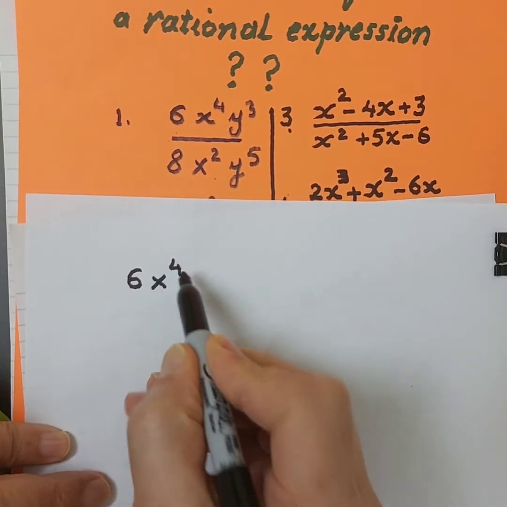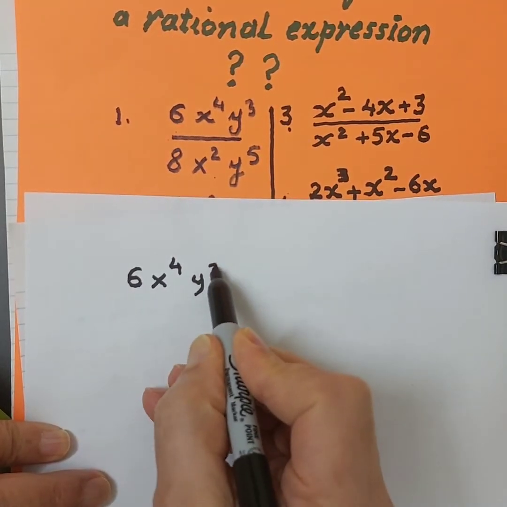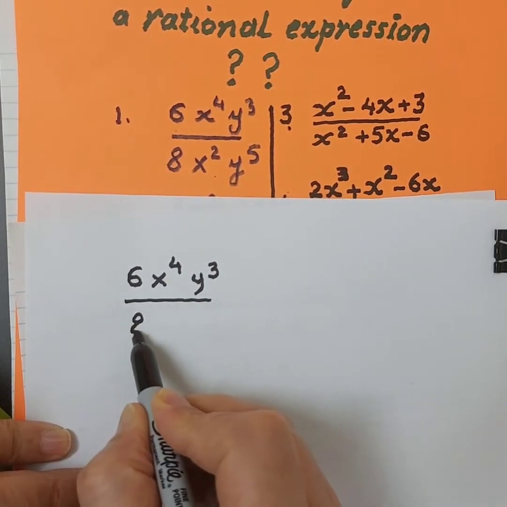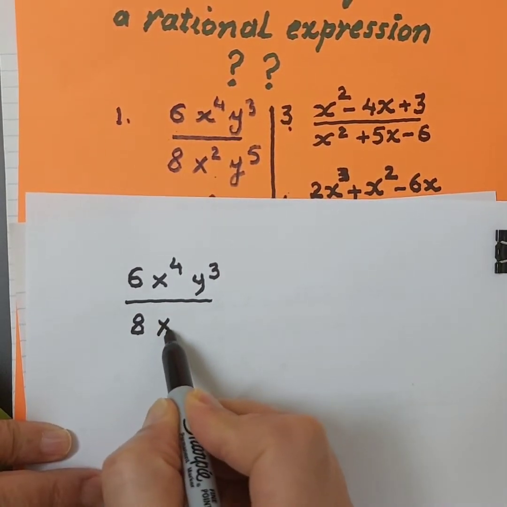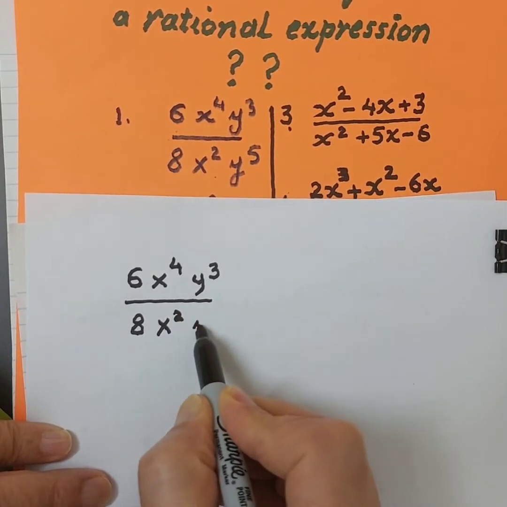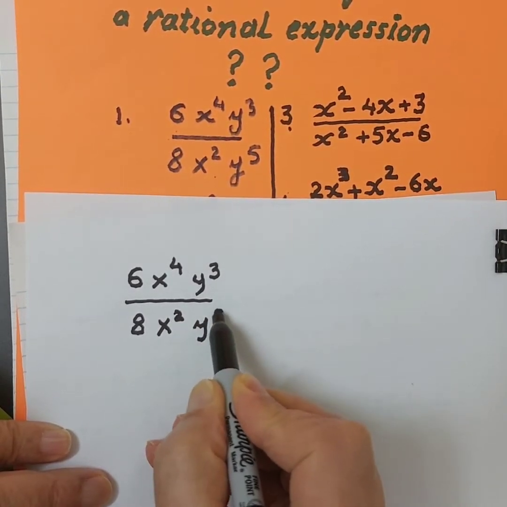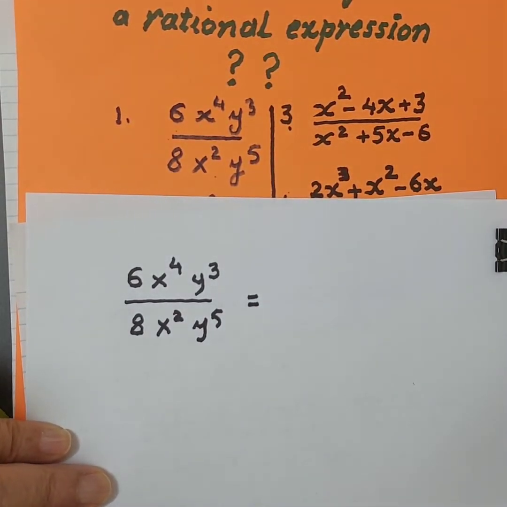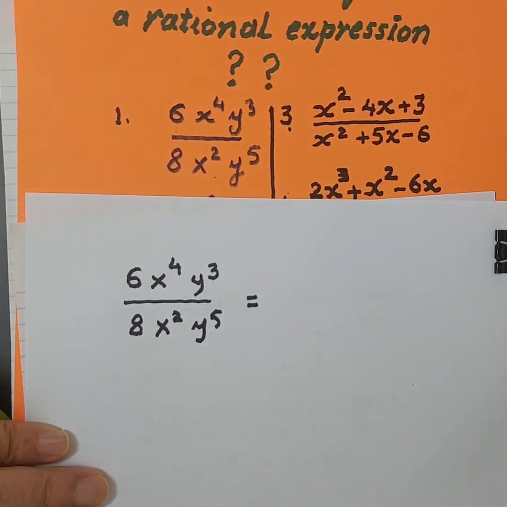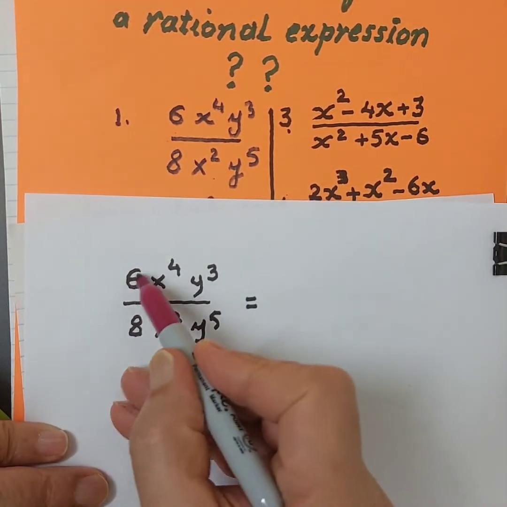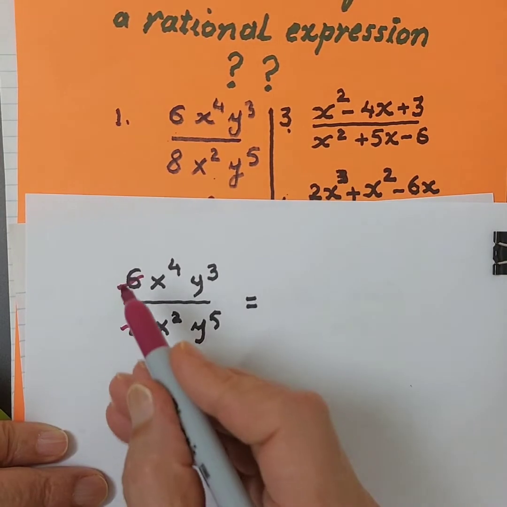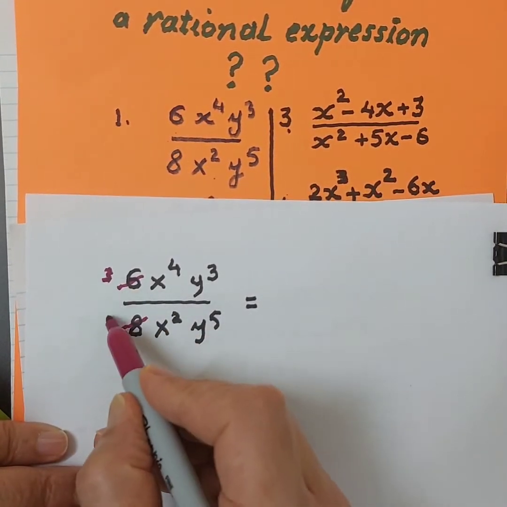6x to the power 4 y to the power 3 divided by 8x to the power 2 multiplied by y to the power 5 is equal to, as we said, we can make cancellation between the numbers. Here divide by 2 and this divide by 2 will give you 3 over 4.